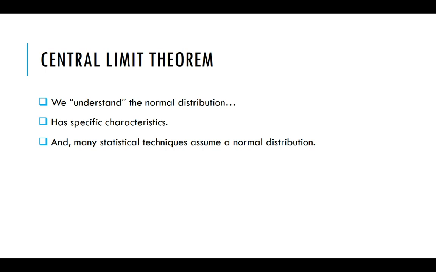In other words, you can really only use them if you have a normal distribution. So the central limit theorem has just told us, hey, under certain circumstances, you have a normal distribution, which means, yay, we can use these statistical techniques. And we can use them because of the central limit theorem. All right, stick with me, guys. I know this is very abstract.